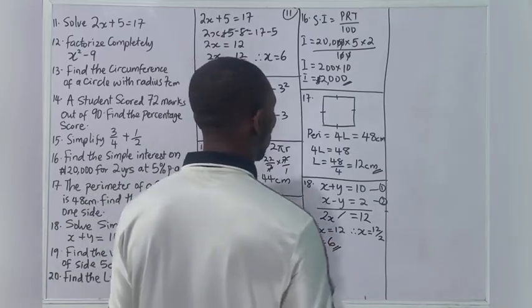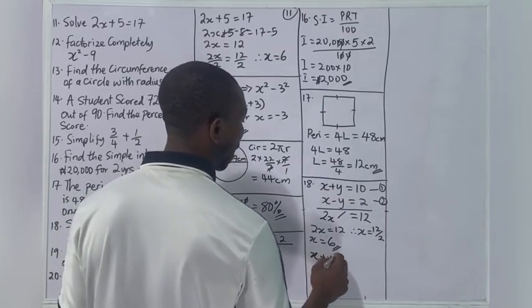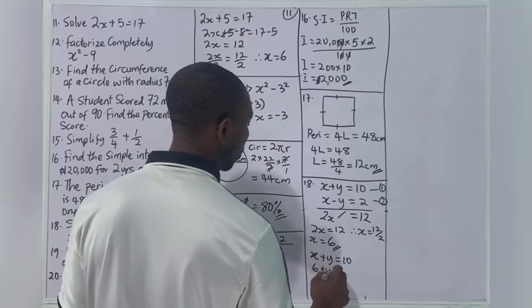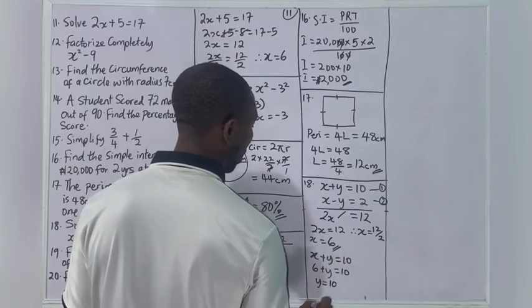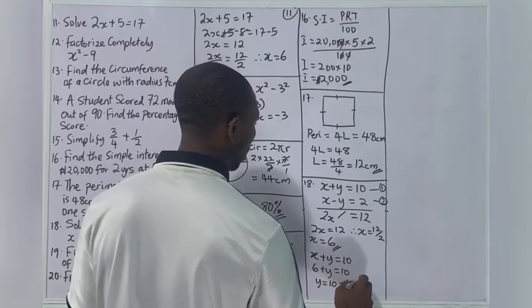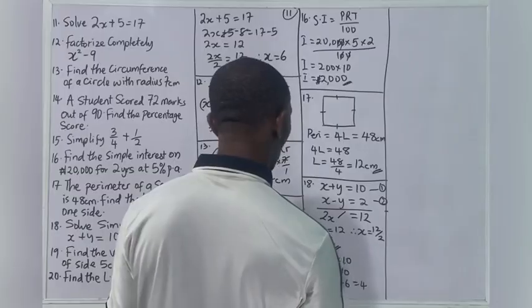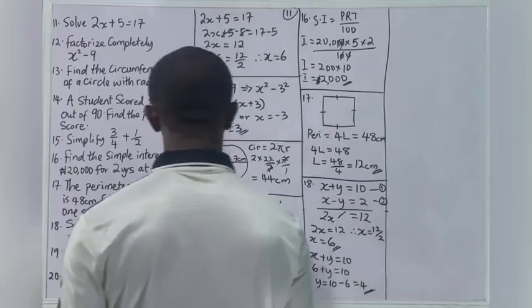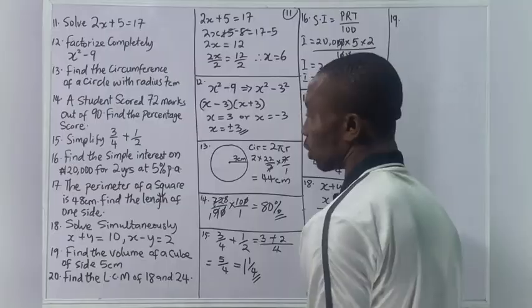Now, if x equals 6, we can substitute into x plus y equals 10. So that means 6 plus y equals 10. So y equals 10 minus 6, which gives us 4. So y is 4, x is 6. So with that, we've solved our simultaneous equation.